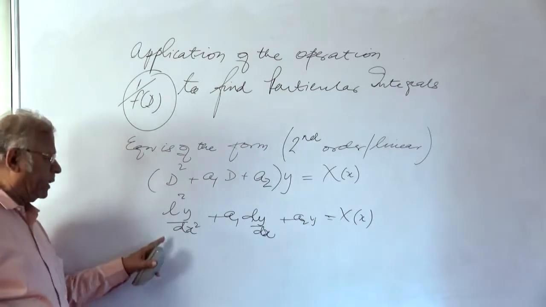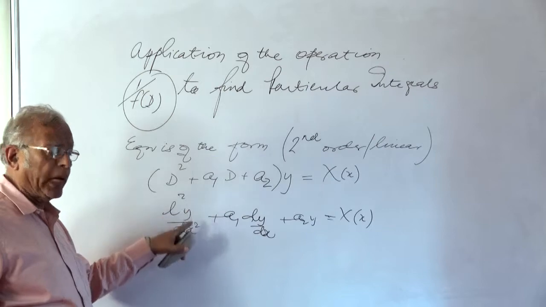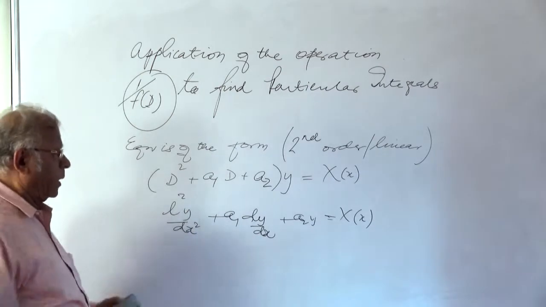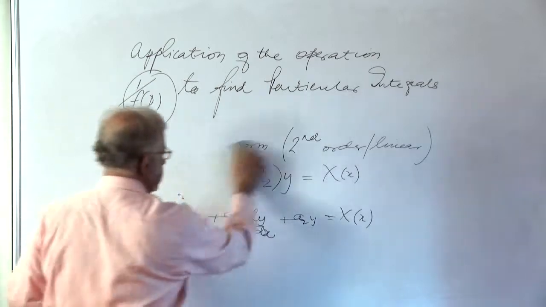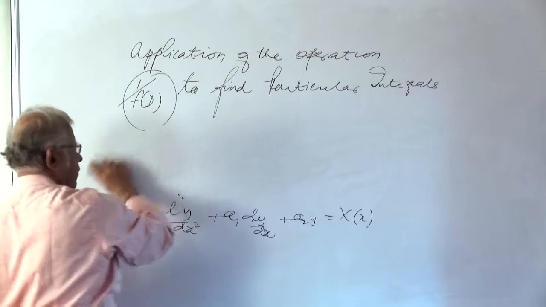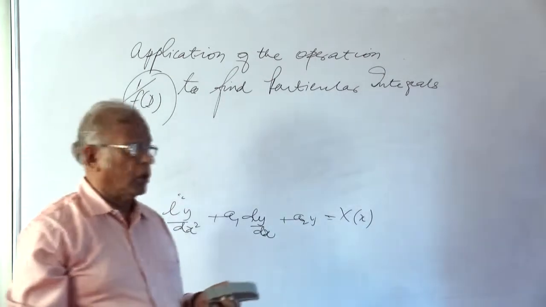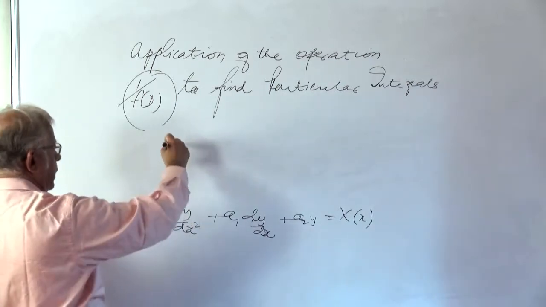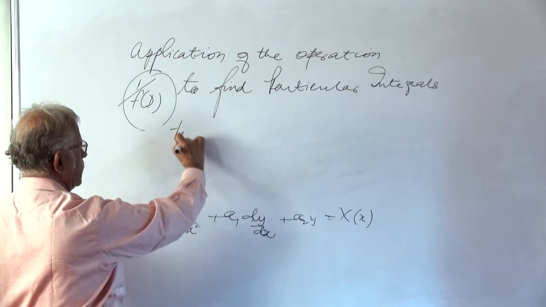So here it is evident that y is the dependent variable and we are looking for y in terms of x as a solution. Again, a little bit of recap. Our first task is to see how one can find the complementary function, called y sub c. This equation has two parts to the solution.